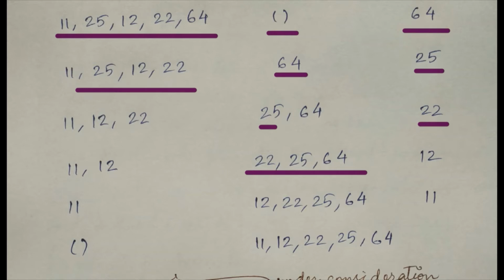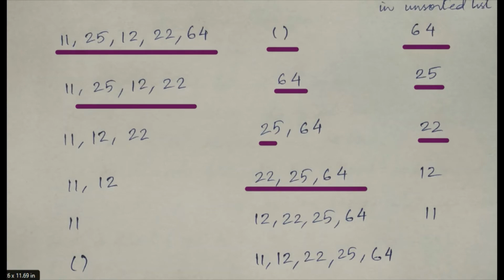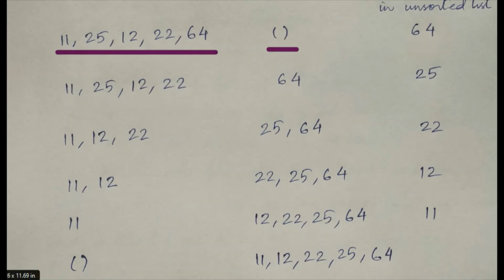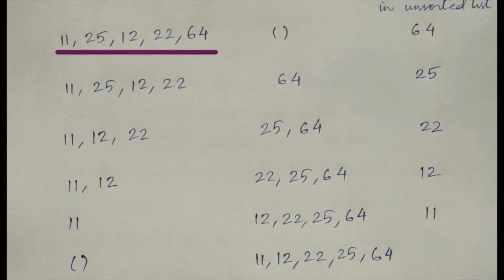Okay, then 12 comes here, and 11. In fact, just a second. When you put this 64 in this sorted list, then 64 is here. You are left with this. You find the maximum. It is 25. So actually, this is just a rough example, but according to our method of swapping, 22 and 25 are swapped.